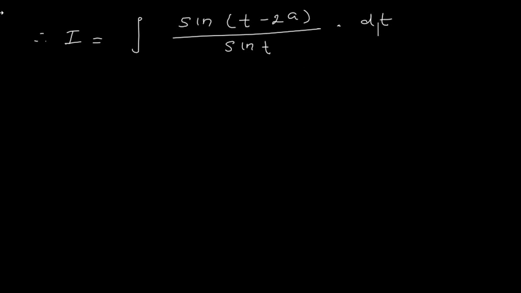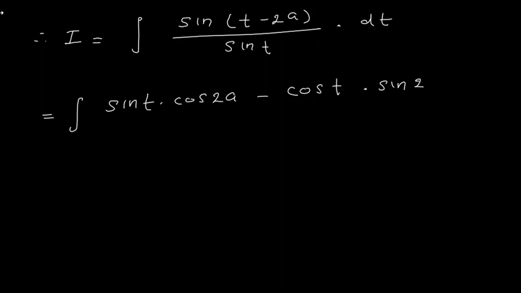Now this is equal to the integration, now in the numerator I will use the formula of sine a minus b. What is sine a minus b? Sine a minus b is sine a into cos b minus cos a into sine b. Okay, so we have used the formula of sine a minus b, and the denominator is sine t into dt.